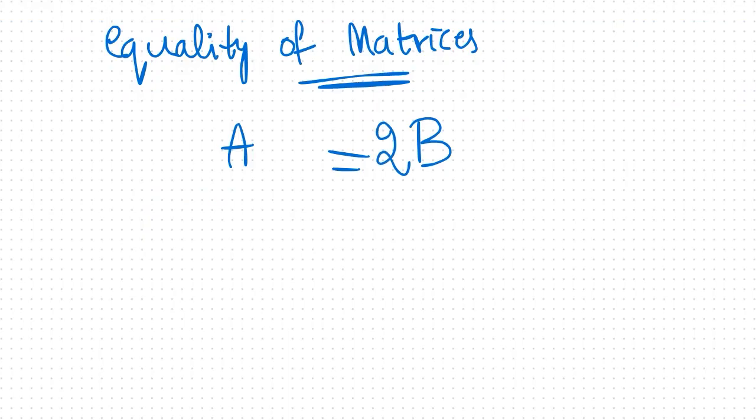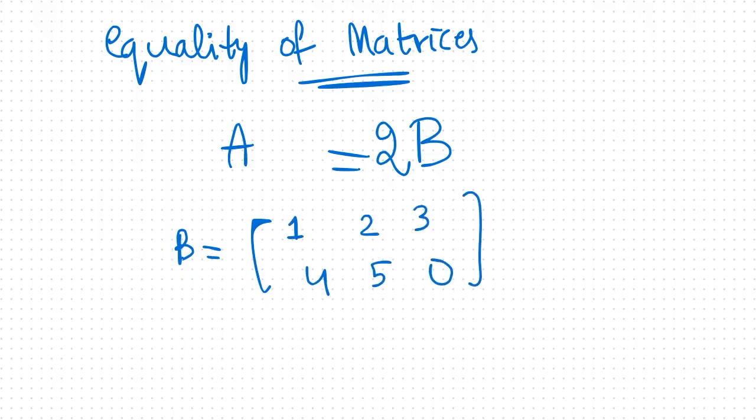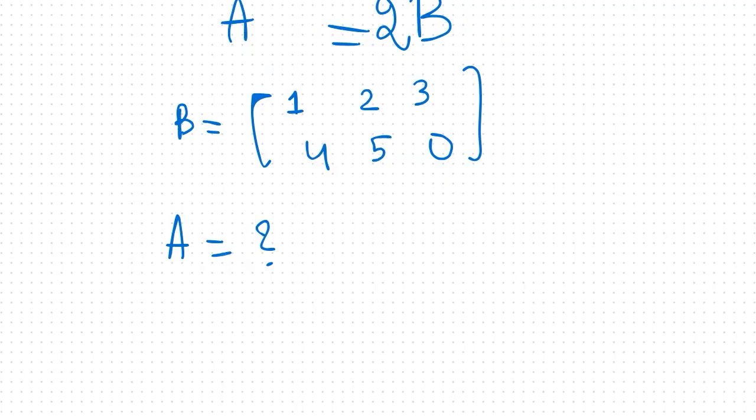Let B be a random matrix, 1 2 3 4 5 0. What will the matrix A be if A is equal to 2B? Then we have 2 multiplied by B, and that will be equal to A.